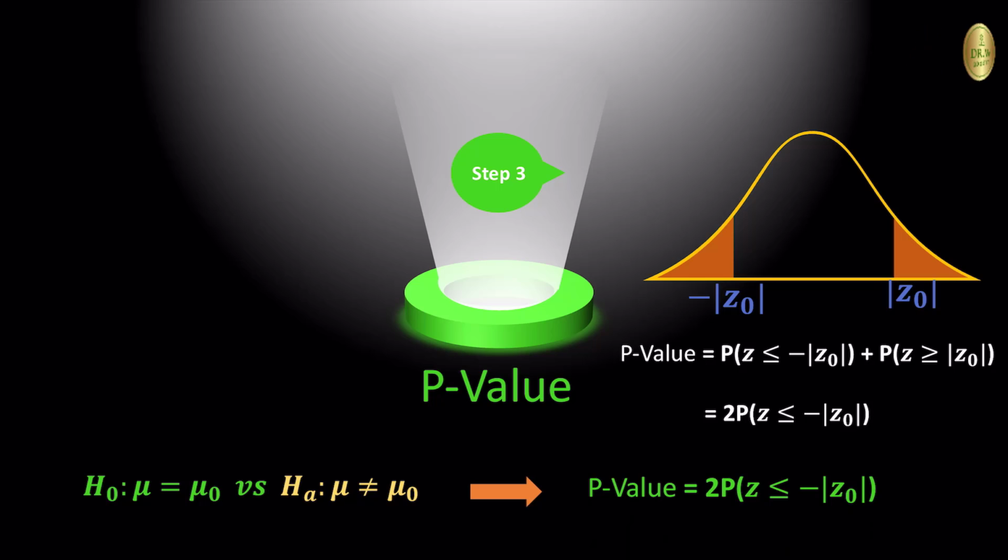And also if it is negative, then the absolute value makes it positive. Again you find 2 times the probability z less than or equal to negative z naught. So these are the 3 cases for the p-value. Again, before you find the p-value, first you need to check the alternative hypothesis. The p-value depends on the alternative hypothesis.